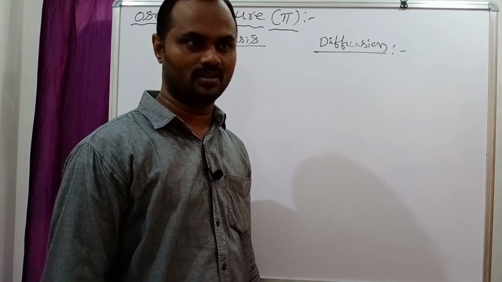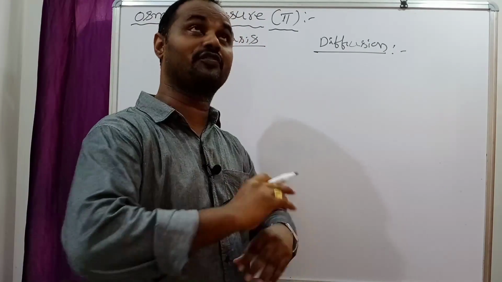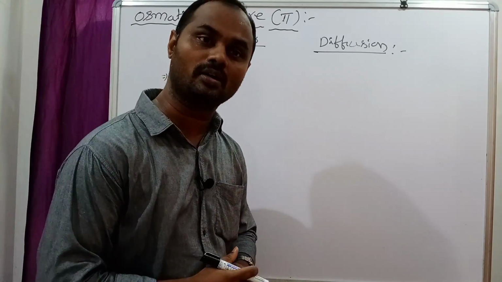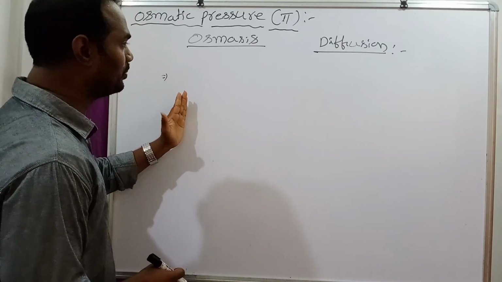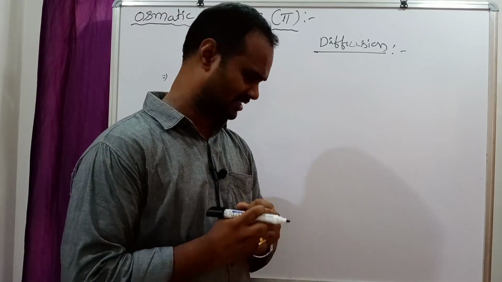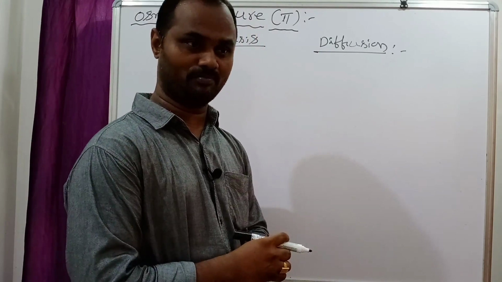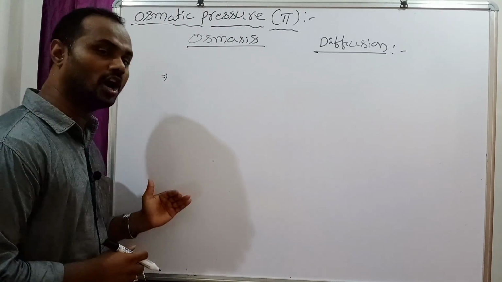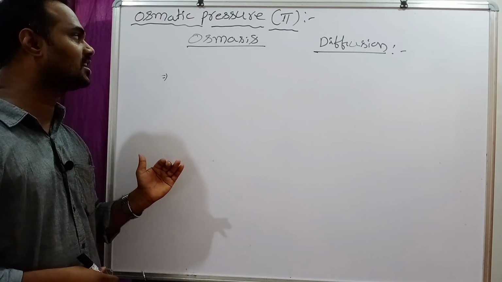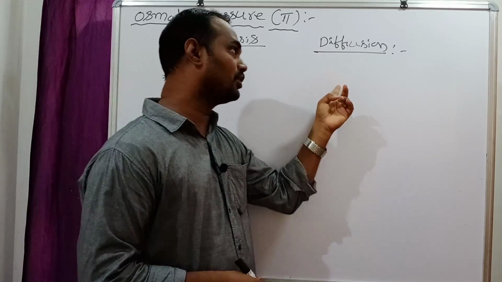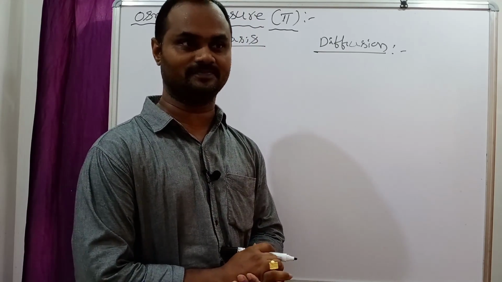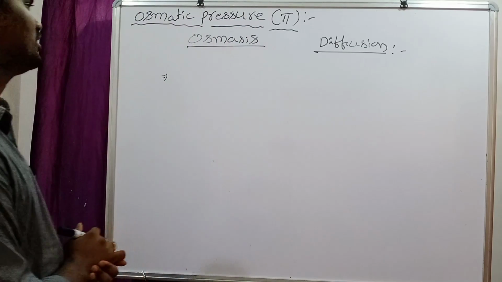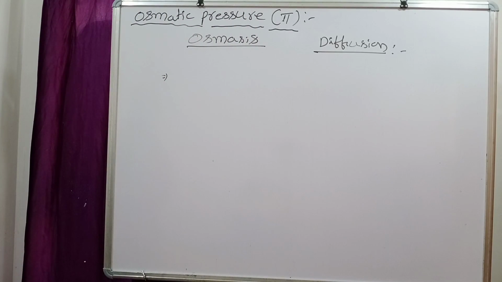That comes under diffusion, where a semi-permeable membrane is not required. Osmosis can be stopped by applying external pressure, but diffusion cannot be stopped by applying any pressure. These are the differences between osmosis and diffusion.